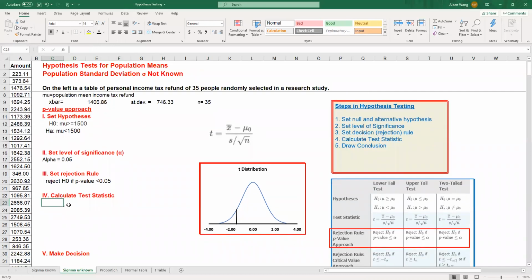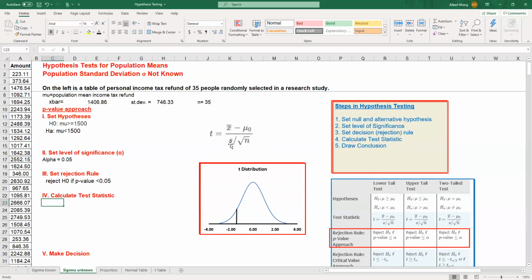Now we have to calculate the test statistic. How do we calculate the test statistic? Again, we compare what we see, X bar, with what we want to test, mu0, taking into account the variability. But because we do not know sigma, the population standard deviation, we use the sample standard deviation as a substitute, which is a typical approach in statistics.